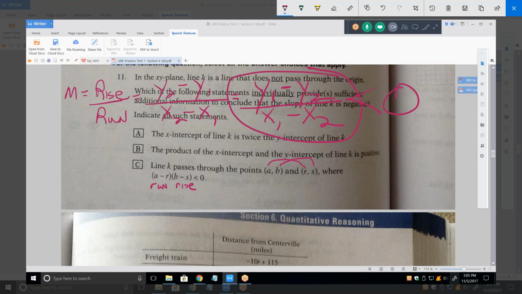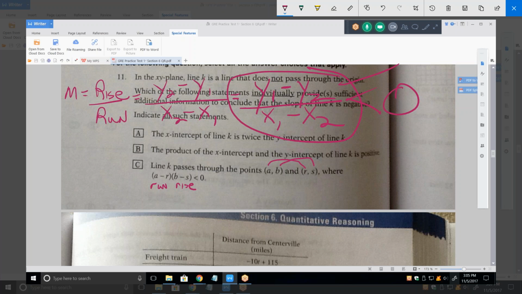In other words, for this quantity to be less than 0, the numerator and the denominator have to have opposite signs. When you divide a positive by a negative, one has to be positive and one has to be negative.